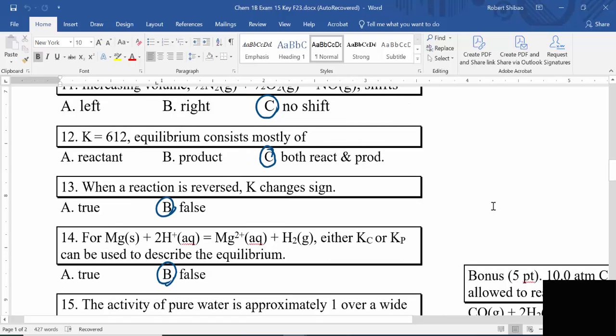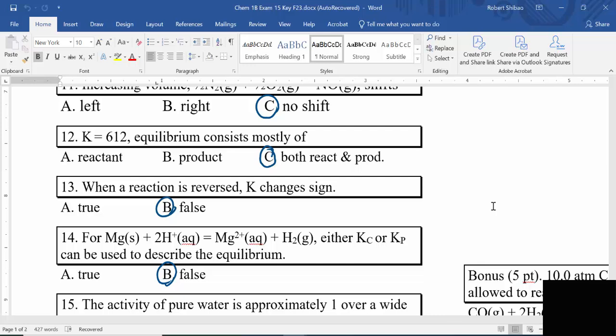If K is equal to 612, equilibrium consists mostly of reactant. Well, you think, well, that's greater than 1, so it seems like it should favor mostly product. But really, it's not mostly product. It just favors product a little bit. But isn't that still more?